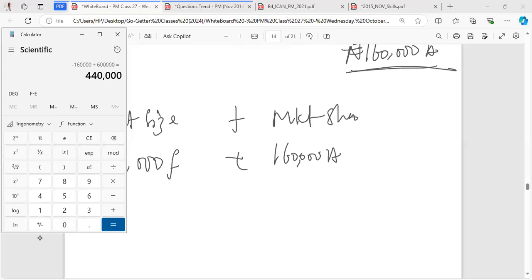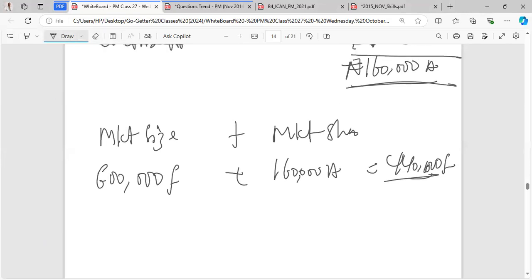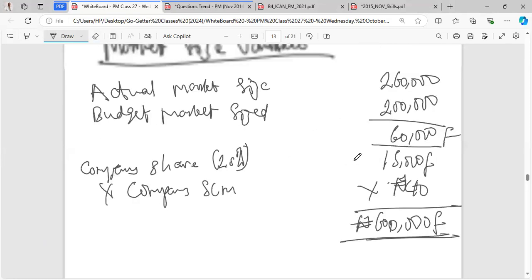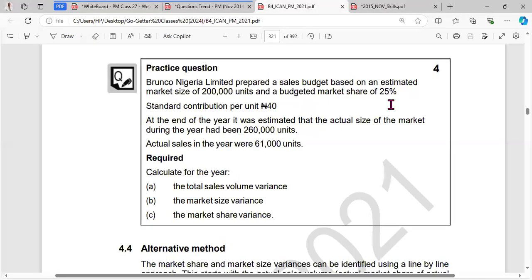Giving out 440. So that means we may have done something wrong here, because normally it should give us what we have as our total. Our total, we had 160 adverse. Okay, let's look at how it is being solved by ICAN, and let's compare with what we did.